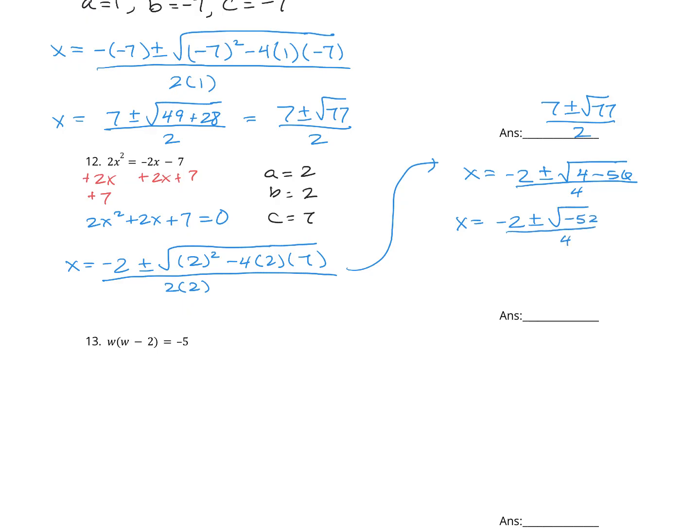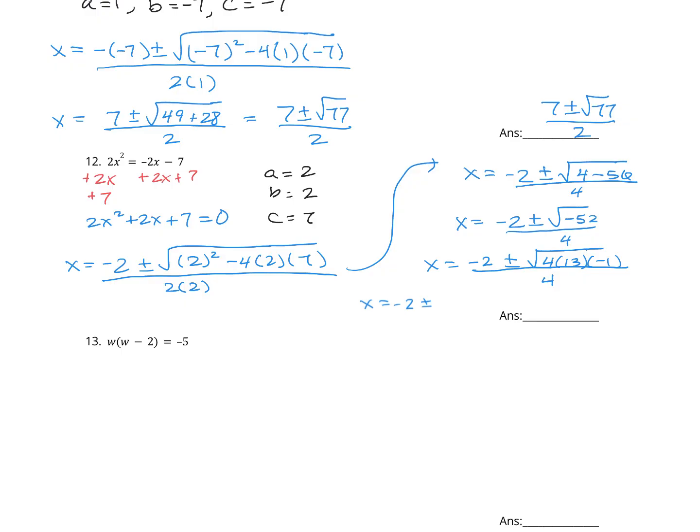I can break that down because I know a perfect square that lives inside of 52. It is namely 4. So that's the square root of 4 times 13 times a negative 1 all over 4. So that's a negative 2 plus or minus.